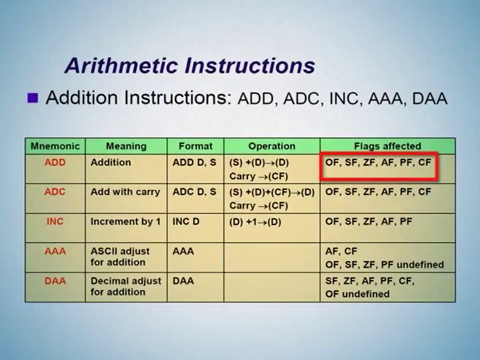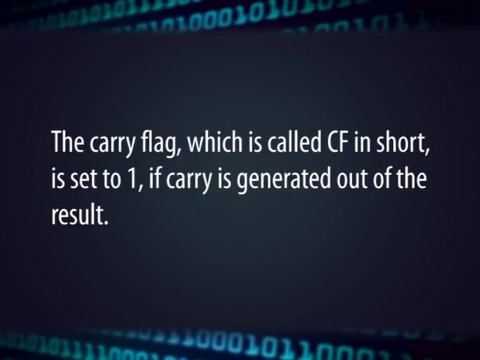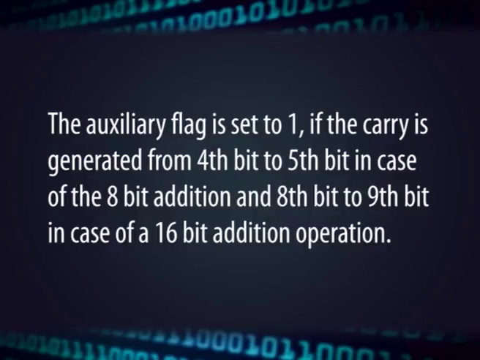Both arithmetic operations, whether 8-bit or 16-bit, affect the status flags. The carry flag, called CF in short, is set to 1 if carry is generated out of the result. The auxiliary flag is set to 1 if the carry is generated from the 4th bit to the 5th bit in case of an 8-bit addition, and from the 8th bit to the 9th bit in case of a 16-bit addition operation.